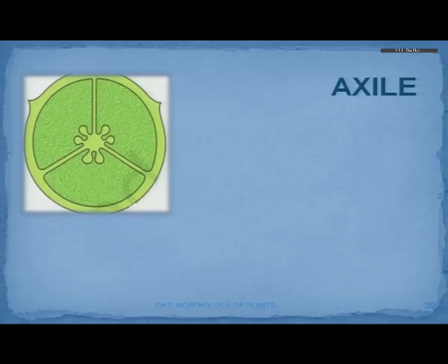So, the next type of placentation is axile placentation. What happens here? The placenta is axile and there are many locules and the ovules are born on the placenta, so that many ovules are present in each locule. These chambers of the ovary are known as the locules. Have you ever seen such a fruit where you can see the axile placentation? Think of many different fruits that you cut open.